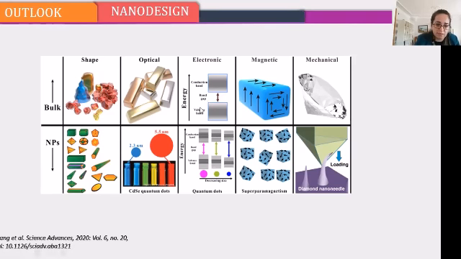The energy band of the bulk material changes when you have quantum dots. So the band gap changes depending on the size, and you have different electronic properties depending on the size of the particle.